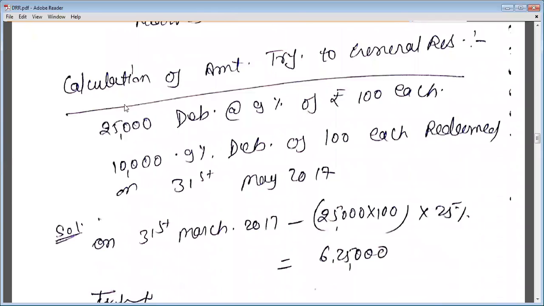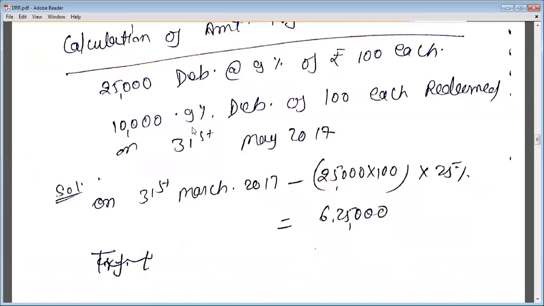So outstanding debentures is 25,000 debentures at 9% of 100 each, that is 25 lakhs. 25 lakhs of debentures is outstanding, and 10,000 9% debentures of 100 each are redeemable on 31st May 2017. So we are going to redeem these 10,000 debentures in the year 2017.